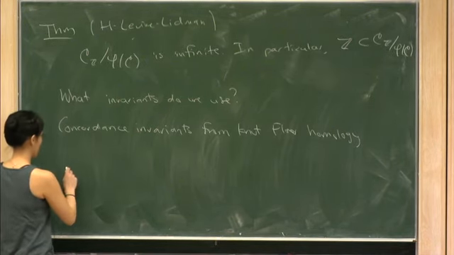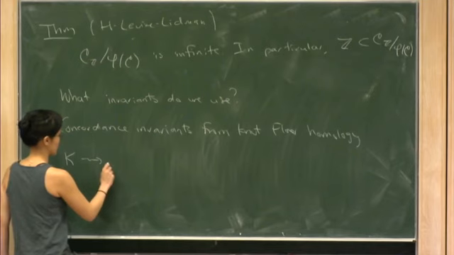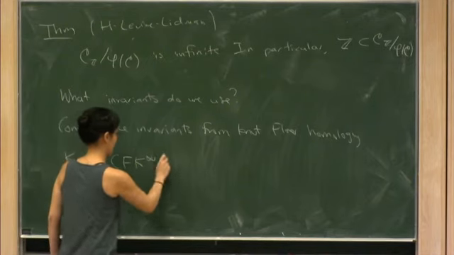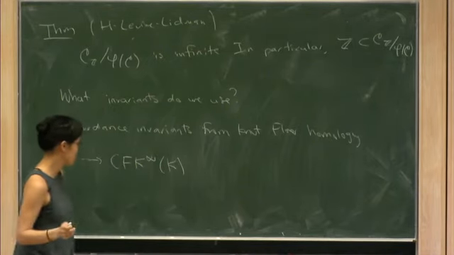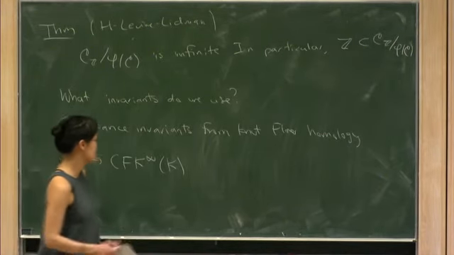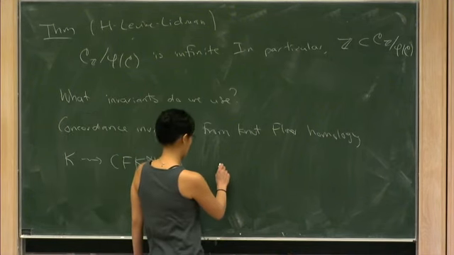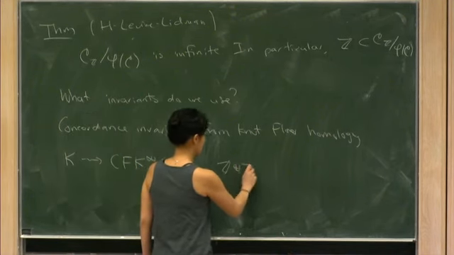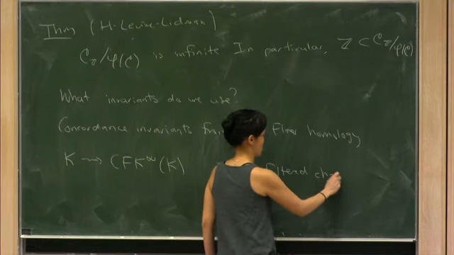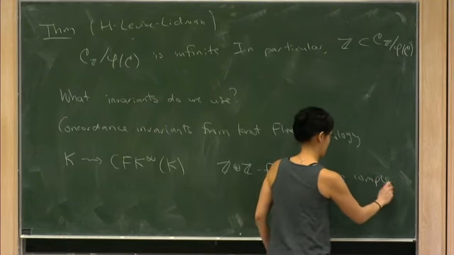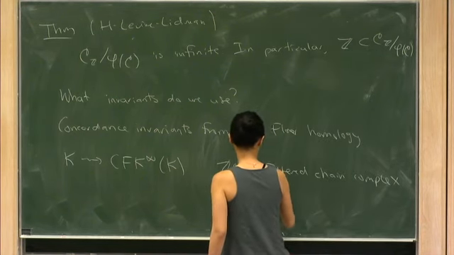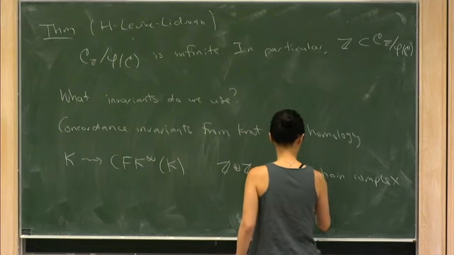In its most general form, knot Floer homology, to a knot K, we associate this thing called CFK infinity of K, which I guess Cyprian briefly mentioned. What sort of object is this? You can think of this as a Z plus Z filtered chain complex over, well, we can work with two coefficients.